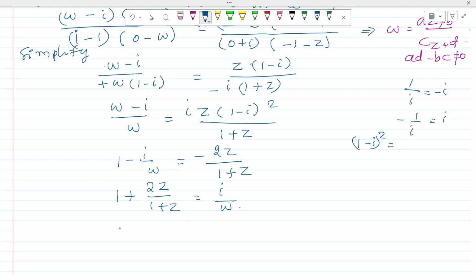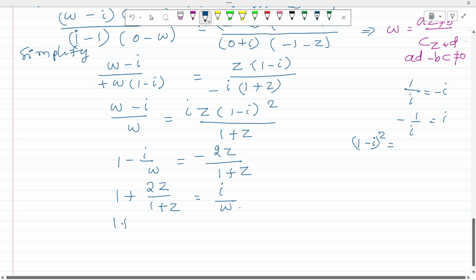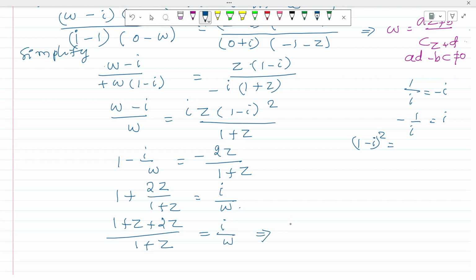Cross multiply this. 1 plus z plus 2z divided by 1 plus z equal to I by W. That implies 1 plus 3z divided by 1 plus z equal to I by W.